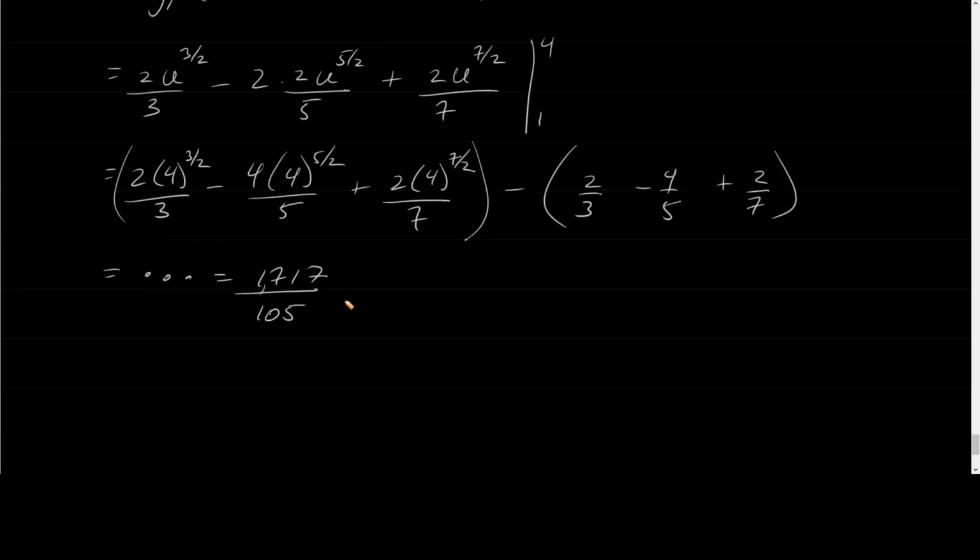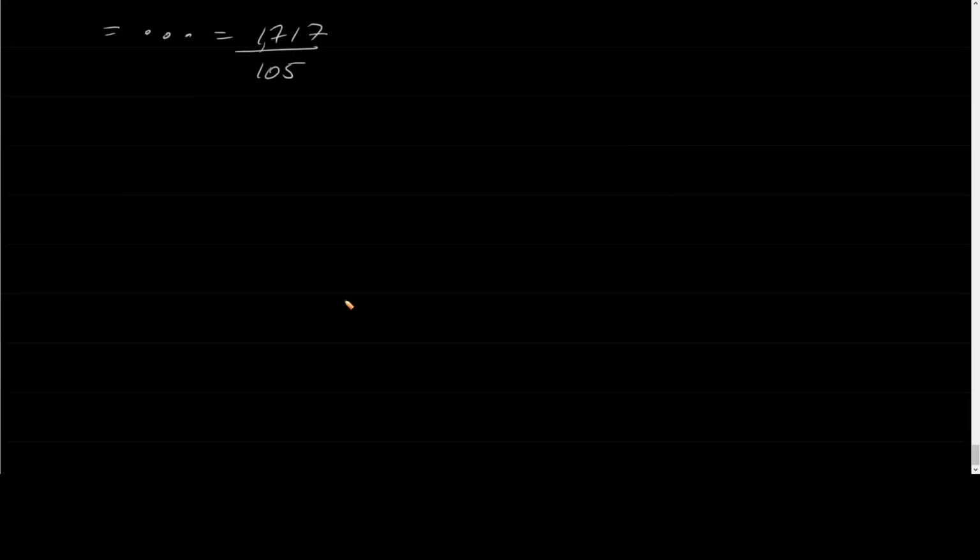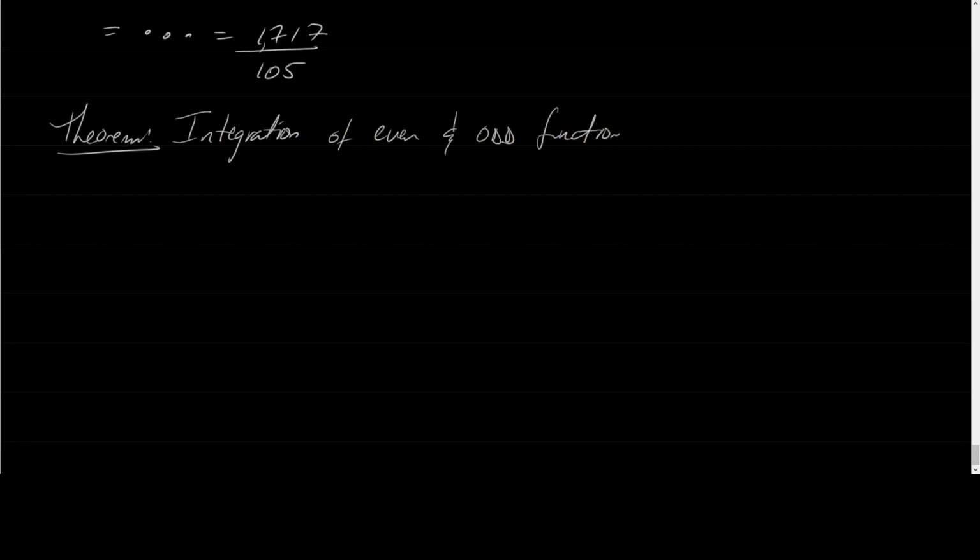Alright, one last thing I want to talk about here as far as this section goes is this next theorem. And the theorem says, it is called the integration of even and odd functions. So here's what we have.